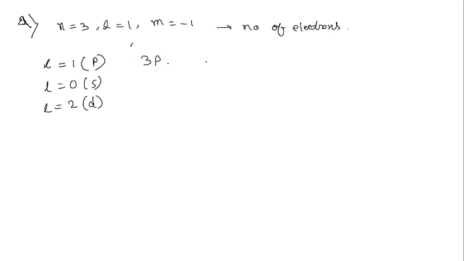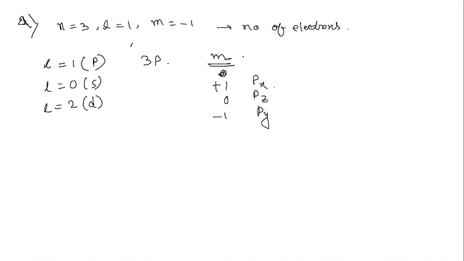Okay, and they are telling that the magnetic quantum number m equals 0, or minus 1. So this one is pz, this is py, and px. Sir already discussed all these things in detail.